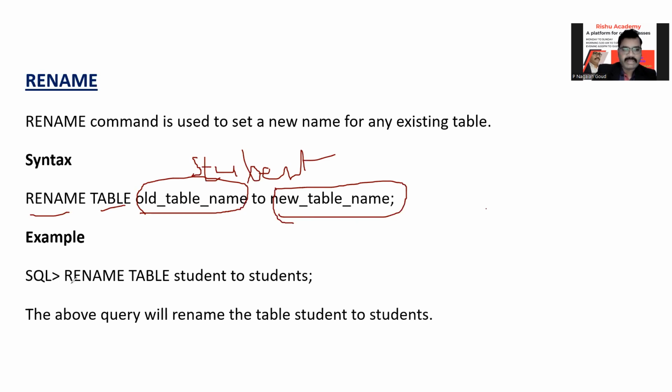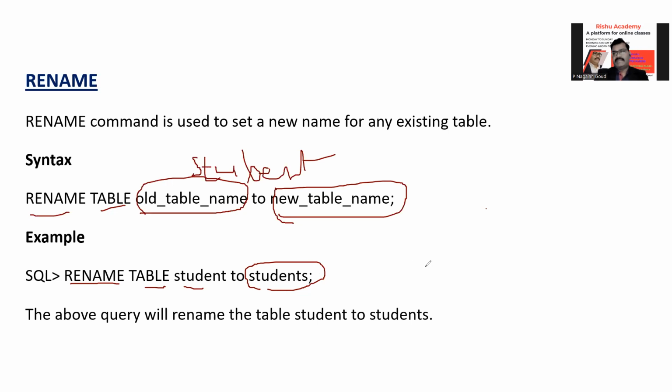For that example, I gave rename table student students. Here, the best example: student is renamed as students, or you can write student to become BTech students, 11th class students, BBA students, MTech students. Like that, we can rename an existing table name to a new table name, right?